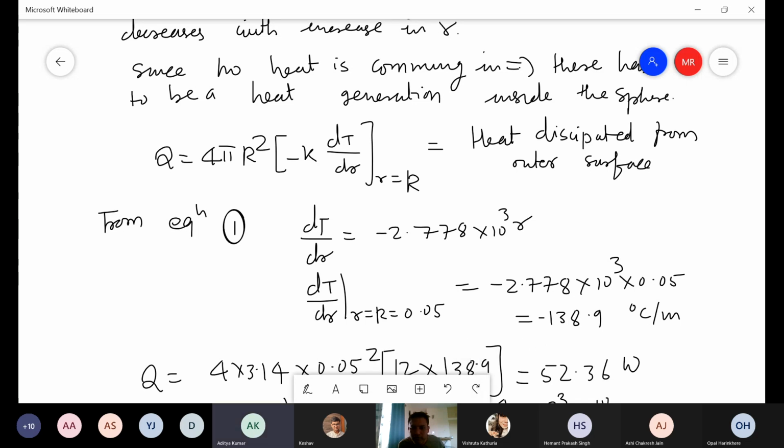Yes, if we apply shell balance to this spherical shell... Shell balance to the spherical thing. I'll just open it. Maybe that will give us a better discussion. Okay, just wait. Let me open the shell balance for the spherical case.